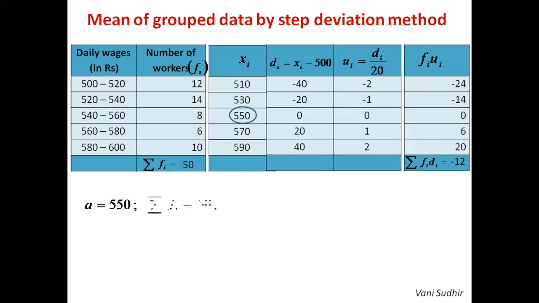So the assumed mean is 550, the sum of the frequencies is 50, the class size denoted by h is 20, and summation of fi ui is minus 12.